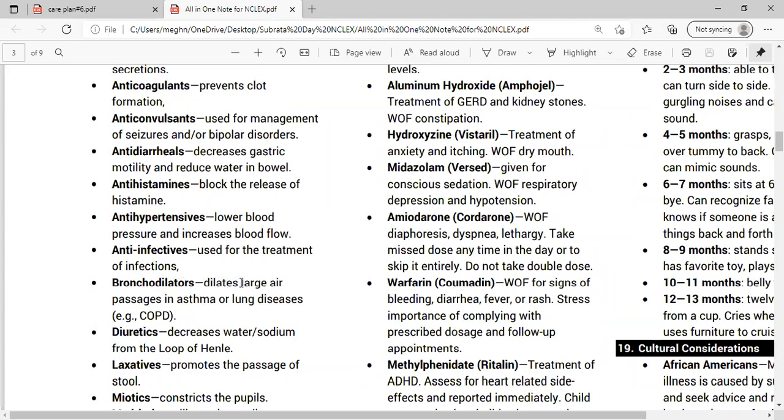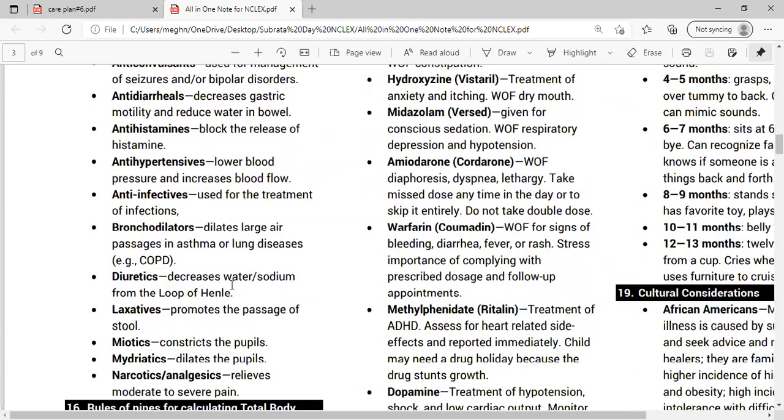Bronchodilators dilate the large air passages in asthma or lung disease, in case of COPD. Diuretics decrease water and sodium at the loop of Henle. So we use diuretics as an antihypertensive or if the patient has edema.